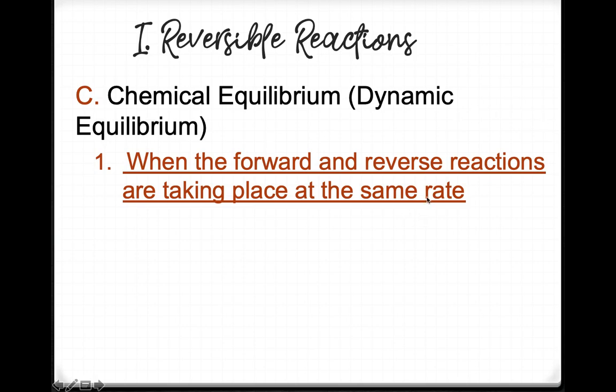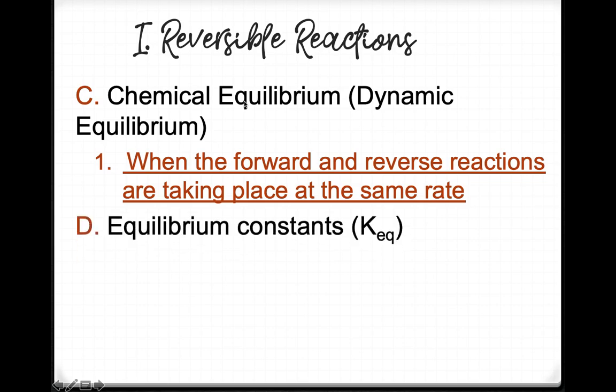So they're happening at the same rate. It doesn't mean you have the total same amount of both, but it means that the amount turning into a product and the amount of product turning back into reactant is happening at the same pace or speed. Think of that as same rate. So that is what chemical equilibrium is known as.